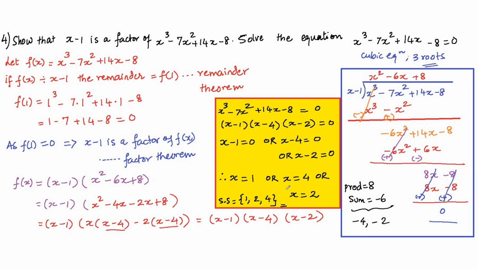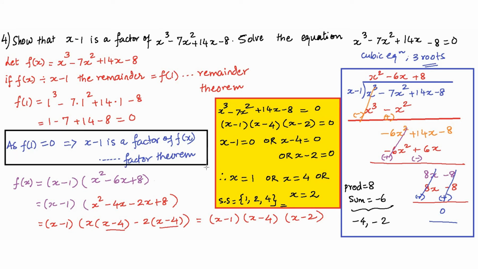So to summarize, we use the factor theorem to prove one factor. And after we use the factor theorem to prove a factor, we use the long division method to find the quotient. Using the quotient, we factorize the quotient and we found all the answers. And let me quickly box the conclusion points. We first use the factor theorem to conclude on the factor, right?